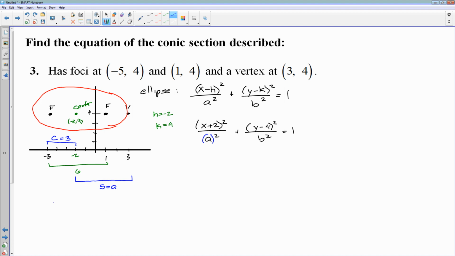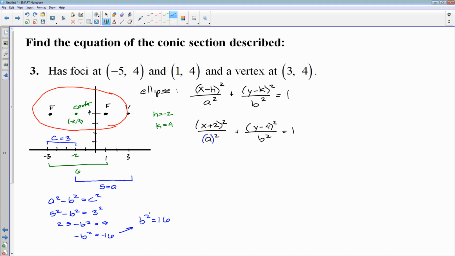In an ellipse, I know that a² - b² = c², and then I can plug that in. 5² - b² = 3². 25 - b² = 9. I'll subtract 25. You get -b² = -16, which means b² is going to equal positive 16.